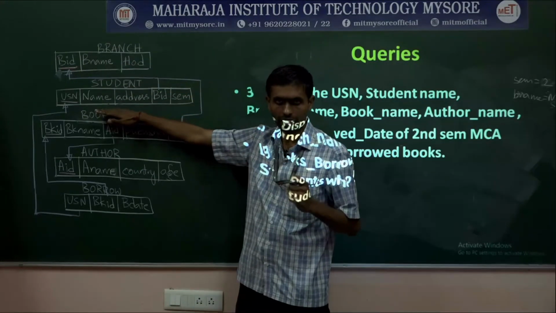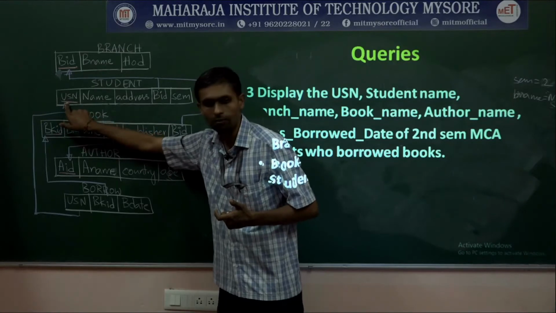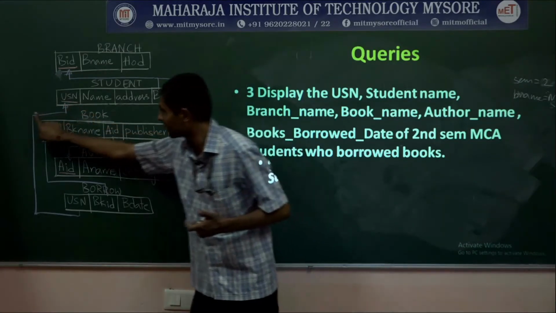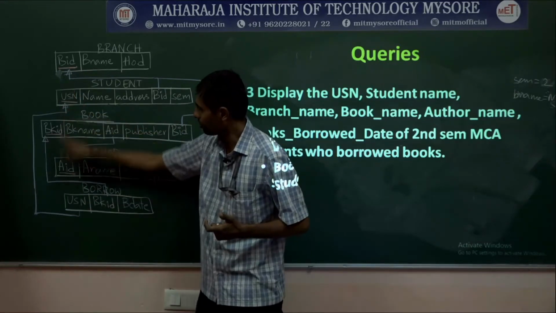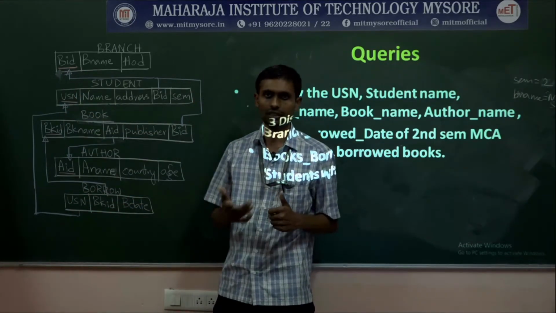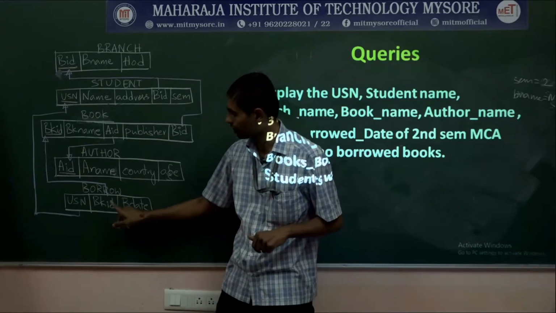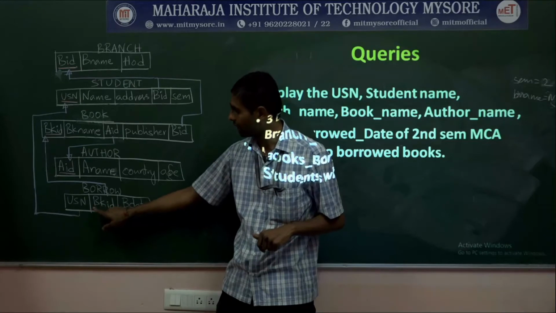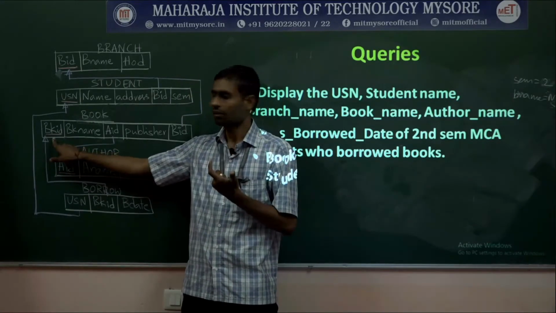Then I want to find out all his borrowed books. So whether the student borrowed books or not, when I ask, it takes us to the borrow table. In the borrow table, student.usn should be equal to borrow.usn. It's an indication that all such students have borrowed books. Then how can I get a book name? I have a book ID in the borrow table. Take this book ID, it takes us to the book table, right?